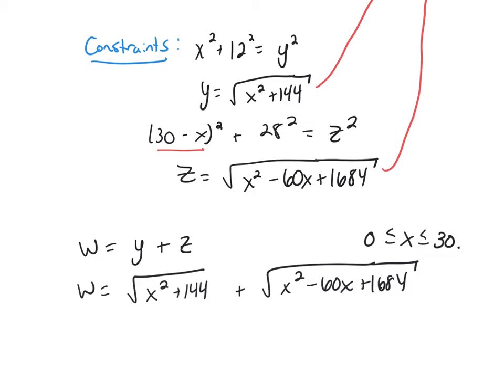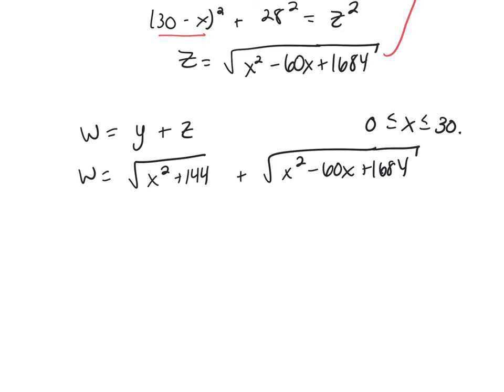So now we're going to have to take the derivative and find our critical numbers. So what will dW/dx be? You're going to have to use the chain rule on these derivatives. So you'll get 1/2 times the square root of x squared plus 144 in the bottom times the derivative of the inside, which will be 2x.